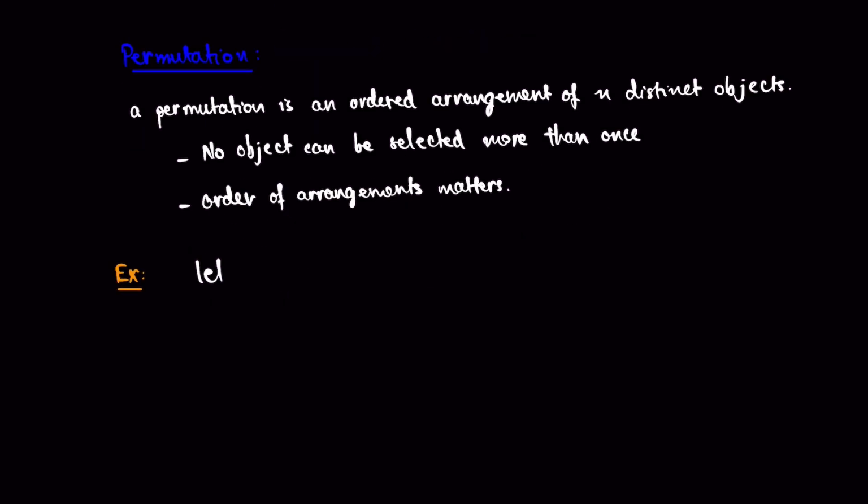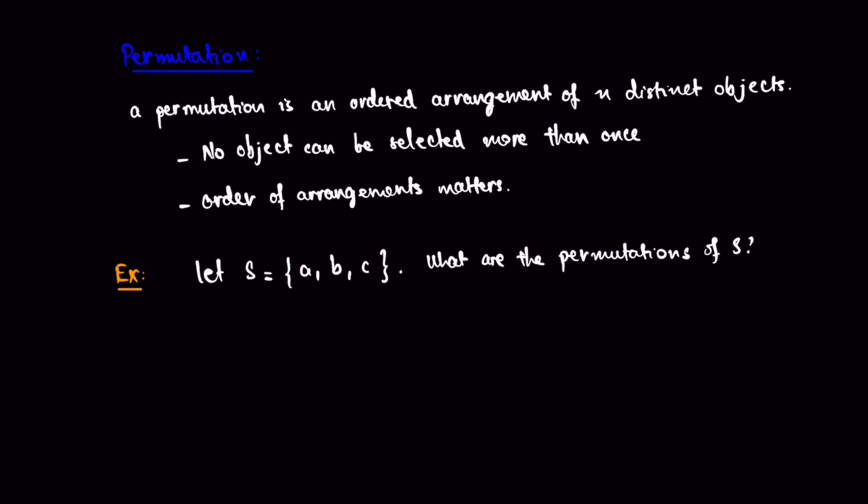Let's say you have a set S with the elements A, B, and C, and you want to know how many permutations you can form from this set S. In other words, how many ways can you arrange the three letters A, B, C. Because you only have three letters in this case, it could be easy enough to write out all the possibilities of the arrangements.